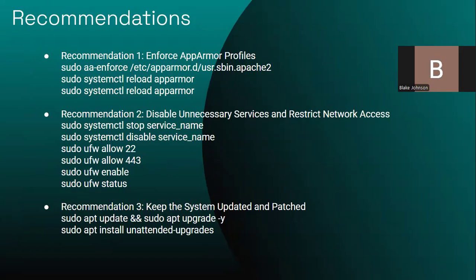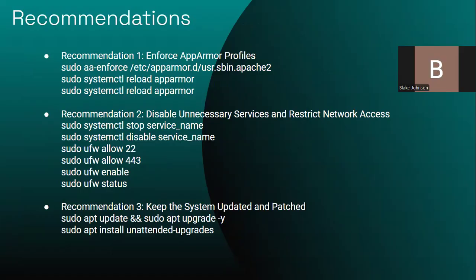As far as recommendations to properly secure a Linux server, AppArmor should be enabled and set to enforce mode for all critical services. Services that are not required should be disabled to minimize the number of possible attack points. Open network ports should always be limited to only what is necessary.